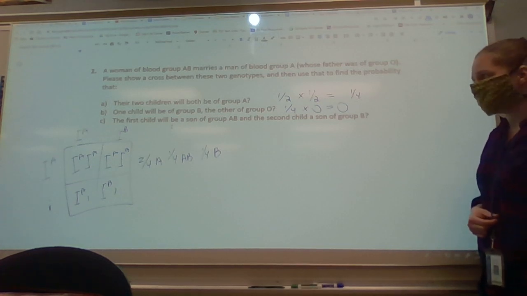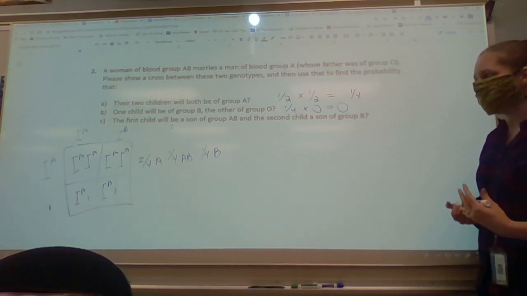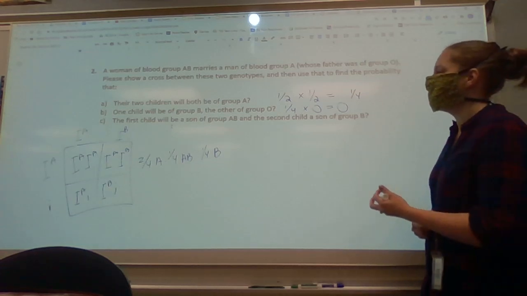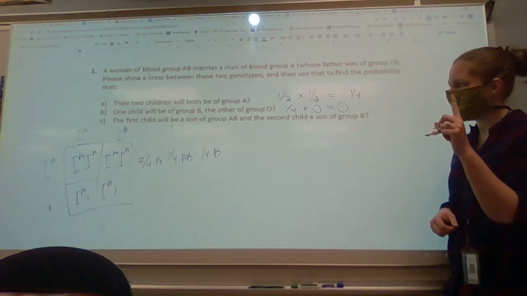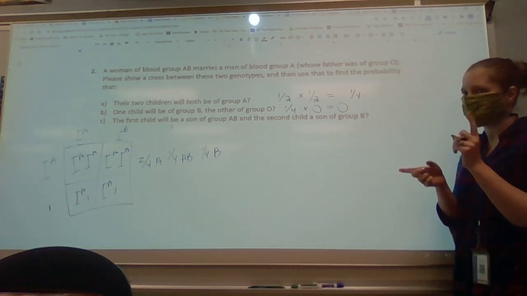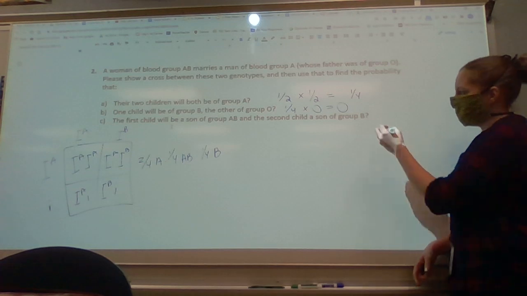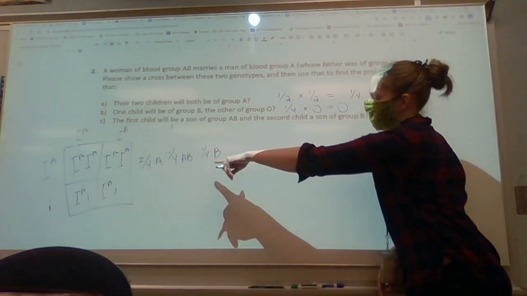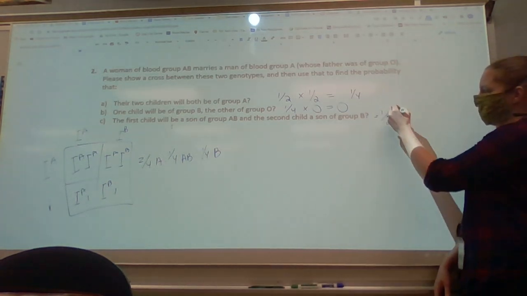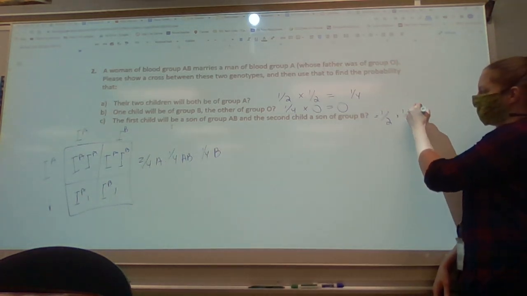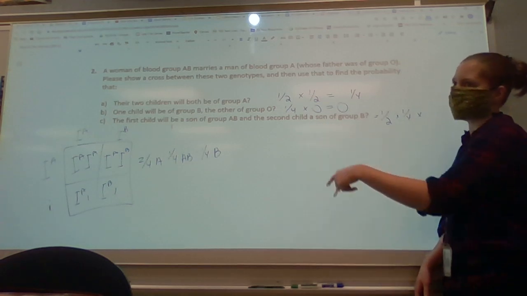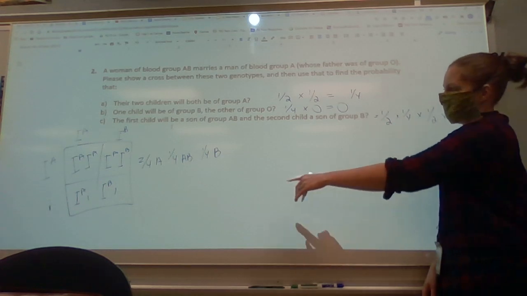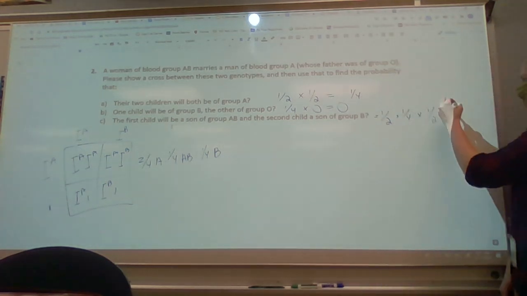Letter C. Not only are they asking about blood type here, but now they're talking about gender. That's a whole extra probability, right? So, first of all, the first child will be a son. What's the probability of son versus daughter? 1/2. What's the chance that that son's going to have AB? 1/4. What's the chance that their next child's going to be a son? What's the chance that that son's going to be group B? 1/4.